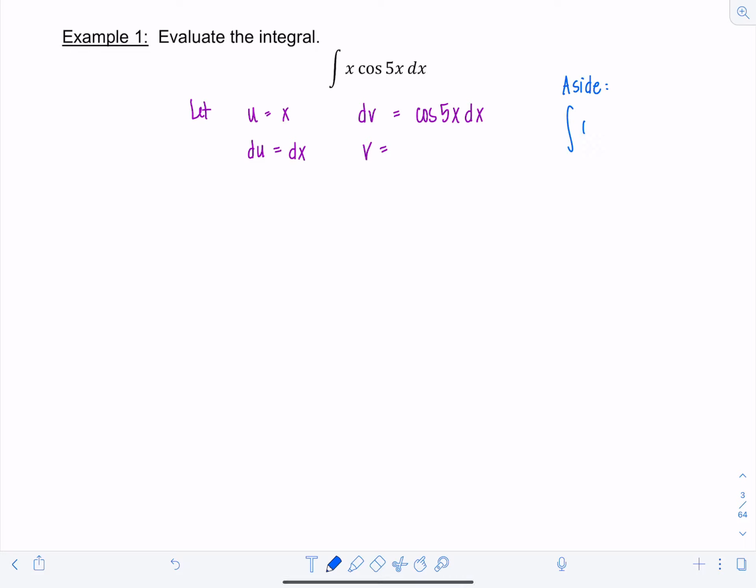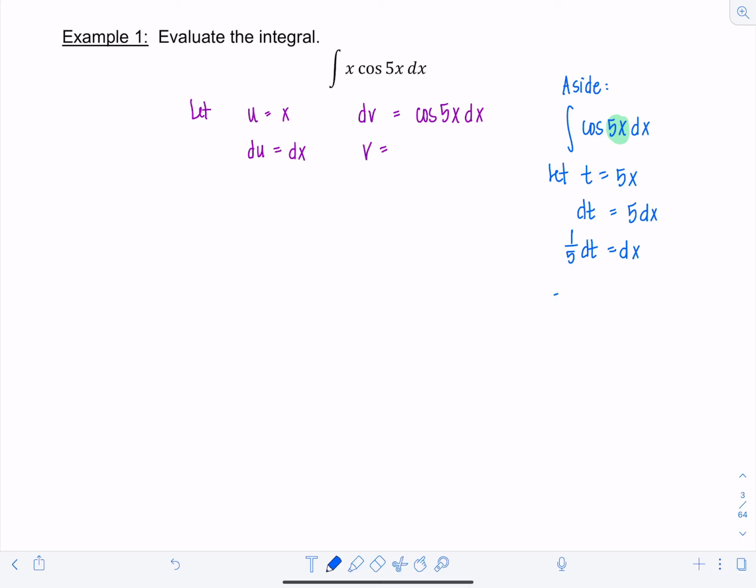So I have the integral of cosine 5x dx. So maybe you need to do a little substitution. I'm not going to use u because we're already using it for by parts. So let's let t equal 5x, then dt is equal to 5 dx. So 1/5 dt is dx.